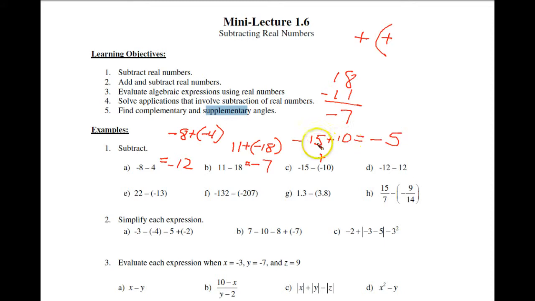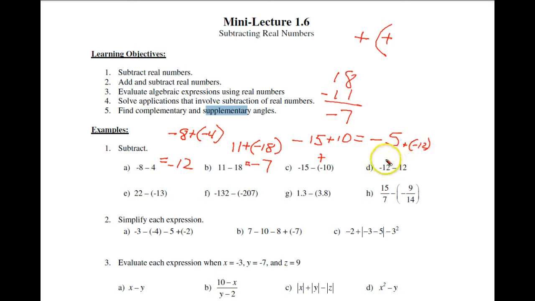I subtract the 10 from the 15, got 5. This is the larger absolute value, which is negative, so I apply the negative sign. And again, this is a negative. This is a negative. I can convert it to a negative 12 like so, but putting a plus in front.